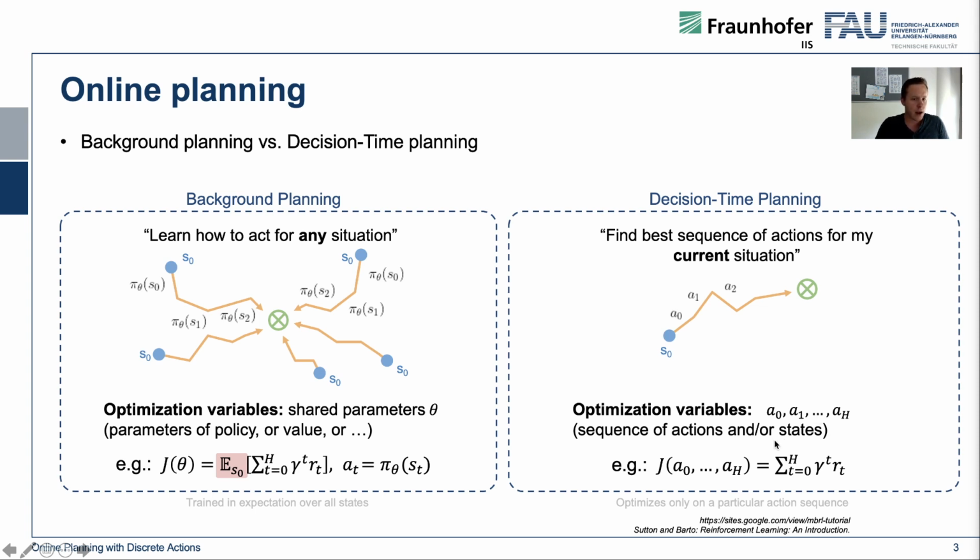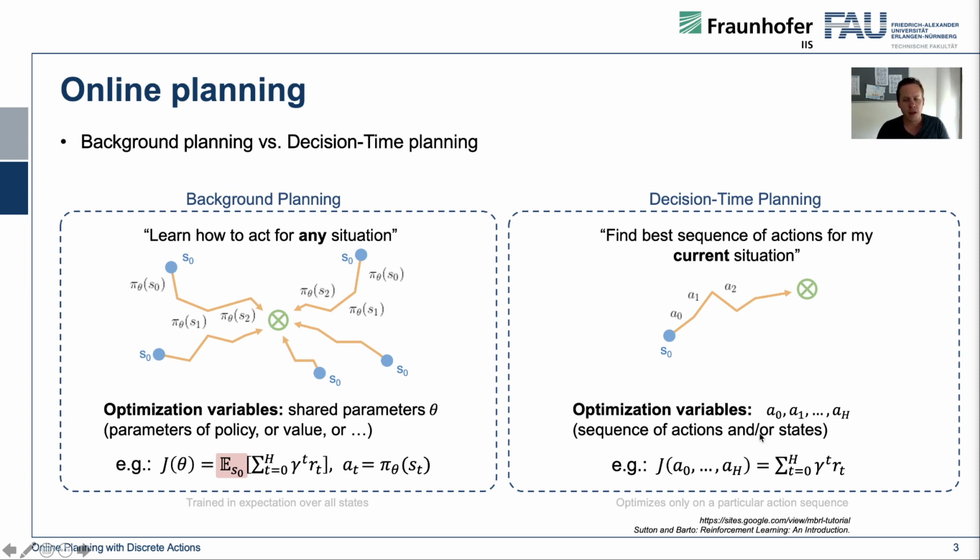So what we want to do is optimize a sequence of actions such that, for this time horizon, we get the maximum out of our discounted return. In other words, we optimize only on a particular action sequence.